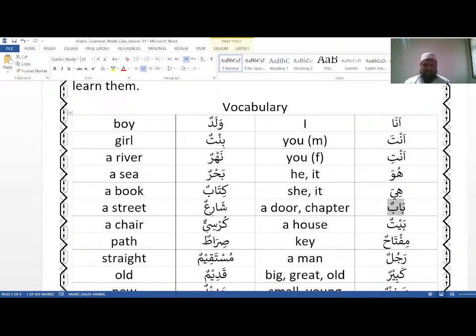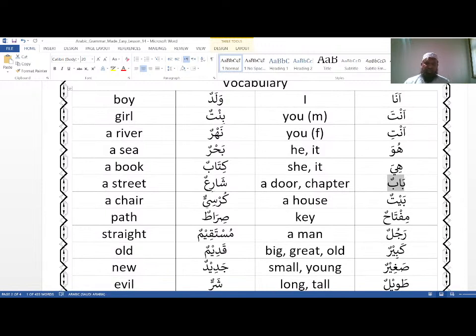Old here means age, not anything old. We have a different word to use for old. Something is old, but here we mean old age. Because kabirun, when we use it for describing someone or something, yes, it is an adjective. We can make it feminine by adding ta marbuta, kabiratun.